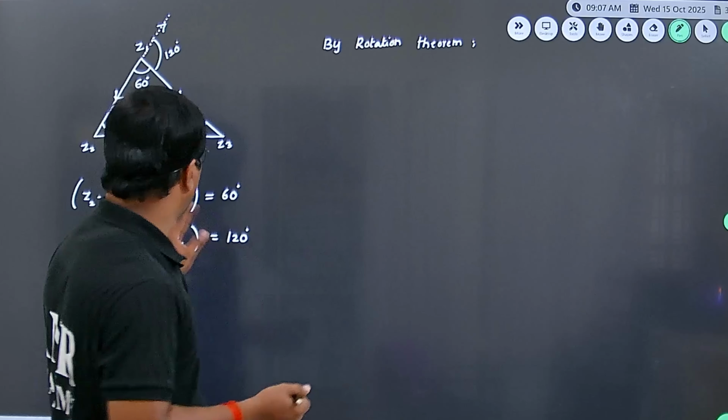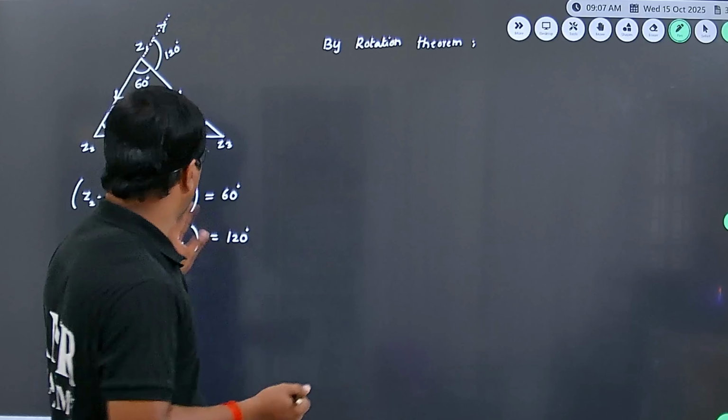Z2 minus Z1, the AB vector, is written as OB minus OA, so it is clearly in this direction. Z1 to Z2 is written as OZ2 minus OZ1, and it is in this direction, and here the angle is 60 degrees.